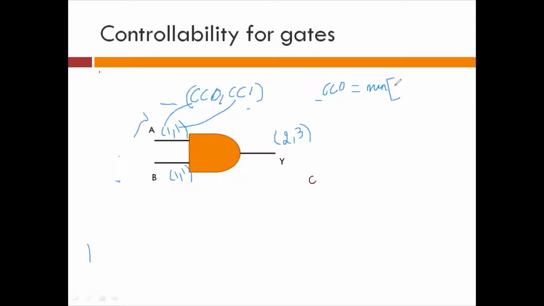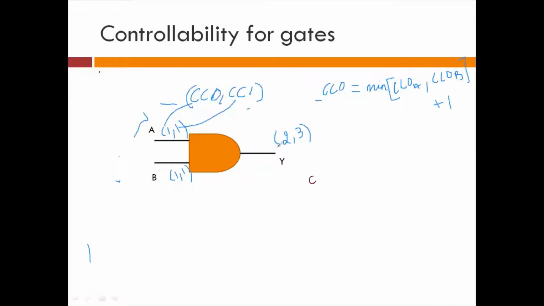So it is minimum of the controllabilities at the inputs, whatever may be the inputs, CC0 at A and CC0 at B plus 1.